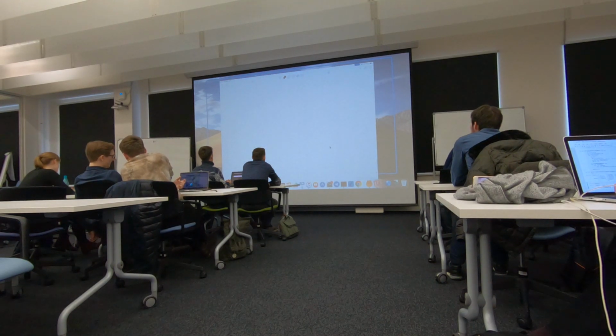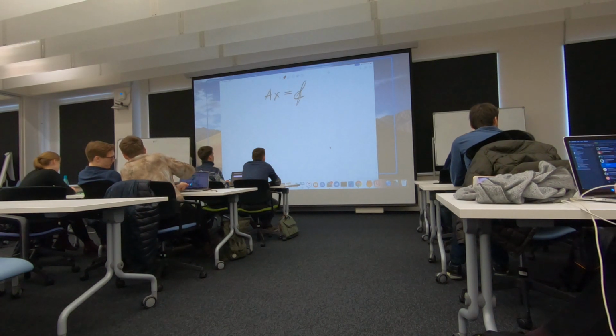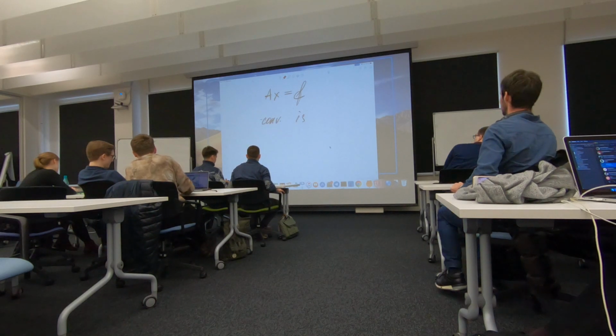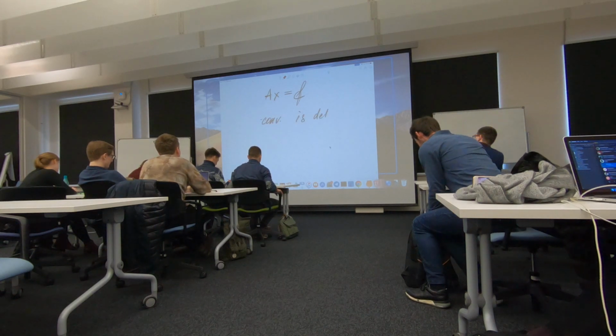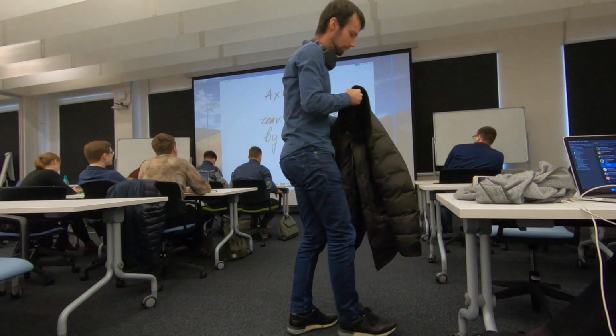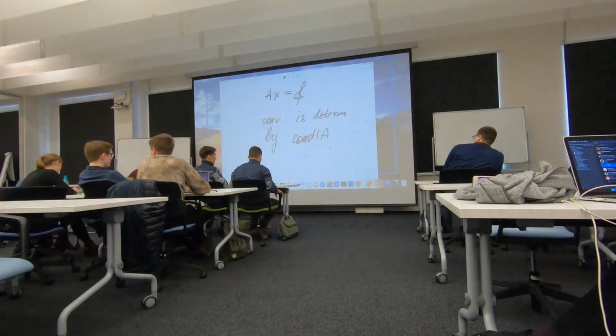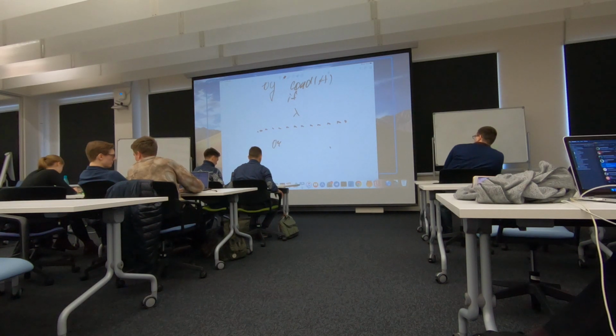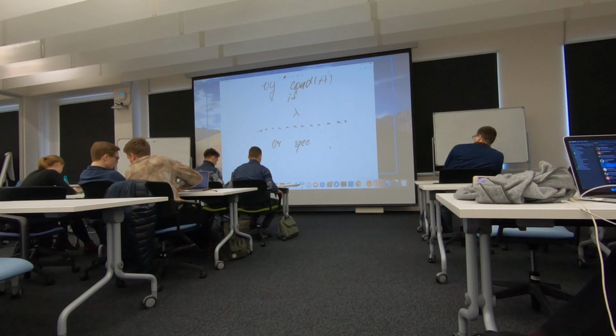So, you have a linear system, and convergence is determined by the eigenvalue distribution, the spectral distribution.